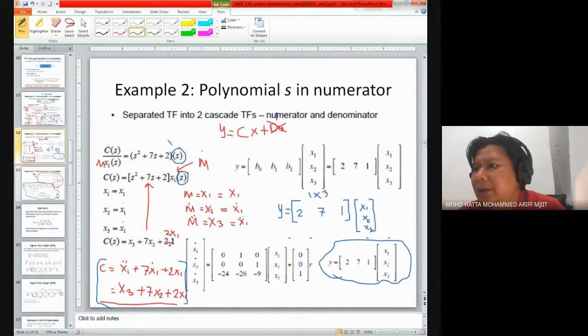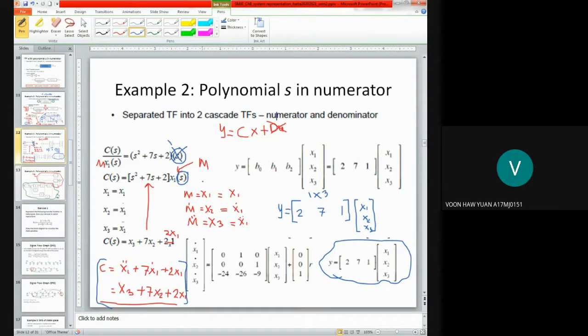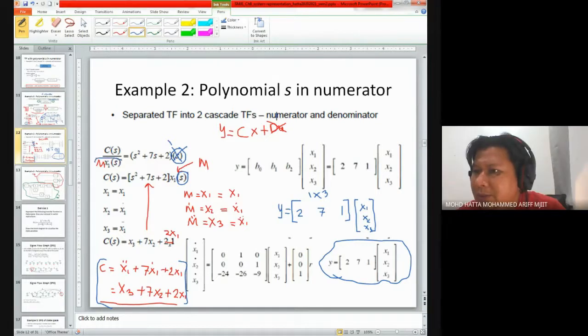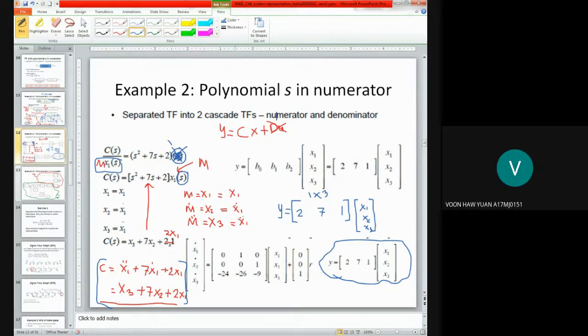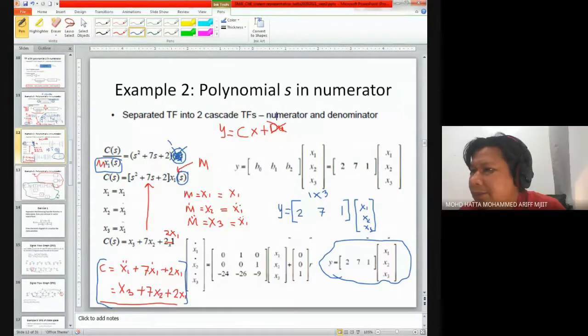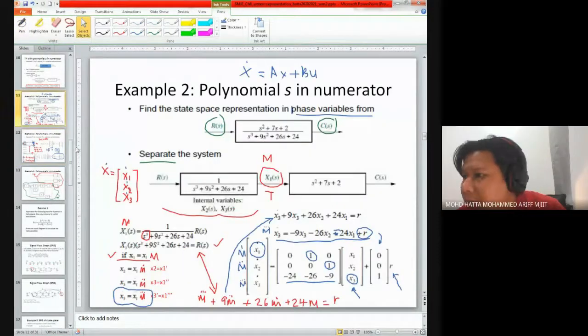Basically, this is a Laplace operator. This one should be neglected. Not x1(s), because x1(s) is over here. This should not be here. Okay, understood. Thank you, doctor. Of course, we don't have the S operator over here.